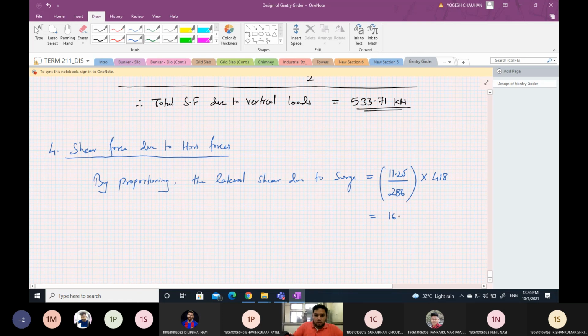So this will be 16.44 kilonewton. Just verify these values.